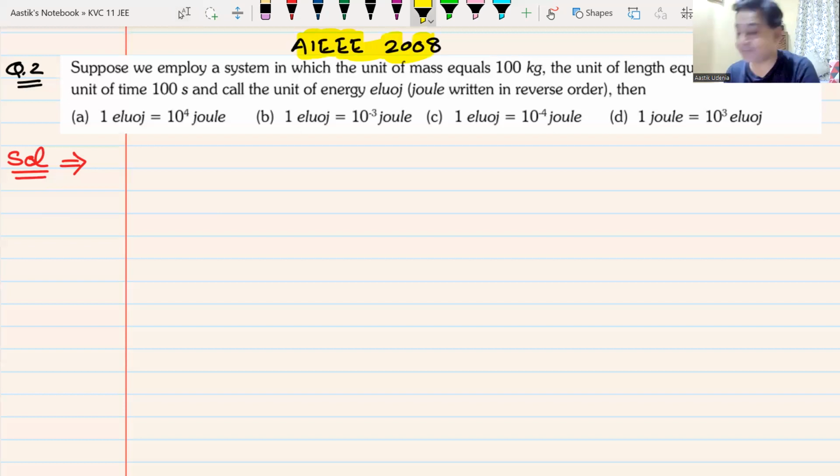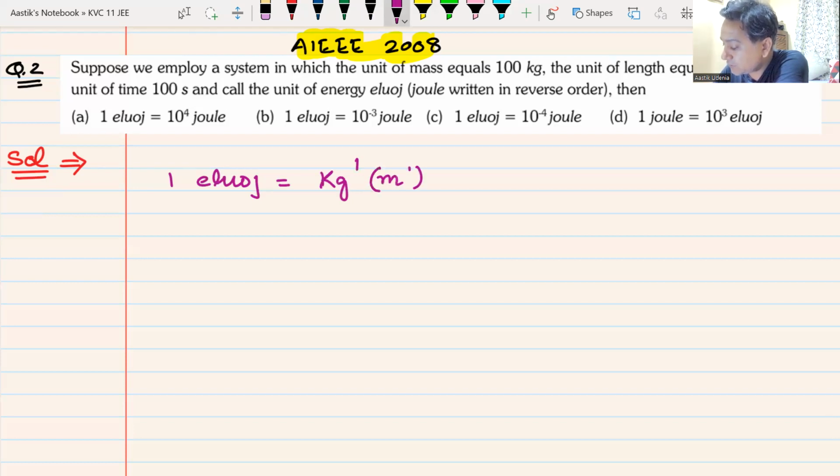Okay, shall I do it? So my 1 elog will be equal to the new kg dash, multiplied by new meter dash squared, divided by the new second dash square. ML square T minus 2 is the dimension.